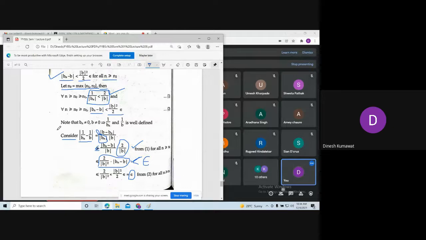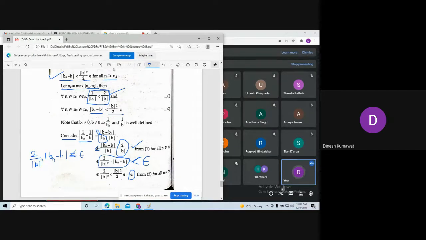So for that, what you are going to consider is 2 upon mod b square into bn minus b is exactly equal to epsilon, or if you want you can take strict inequality. Doesn't matter.